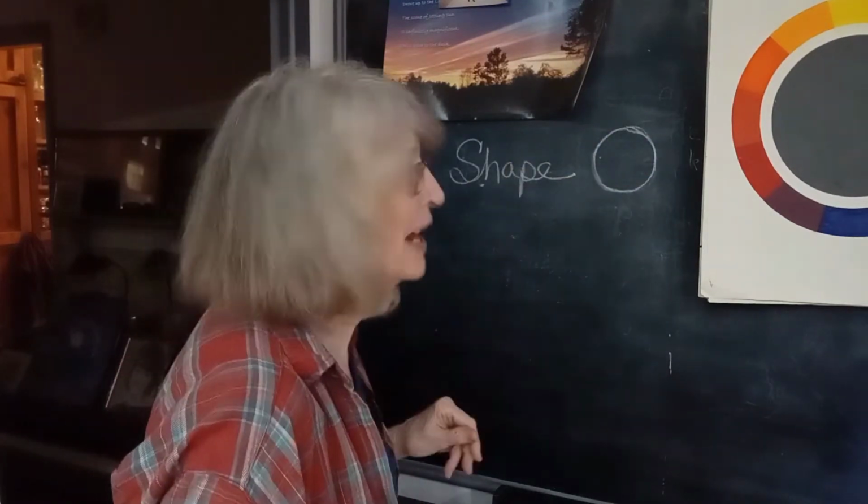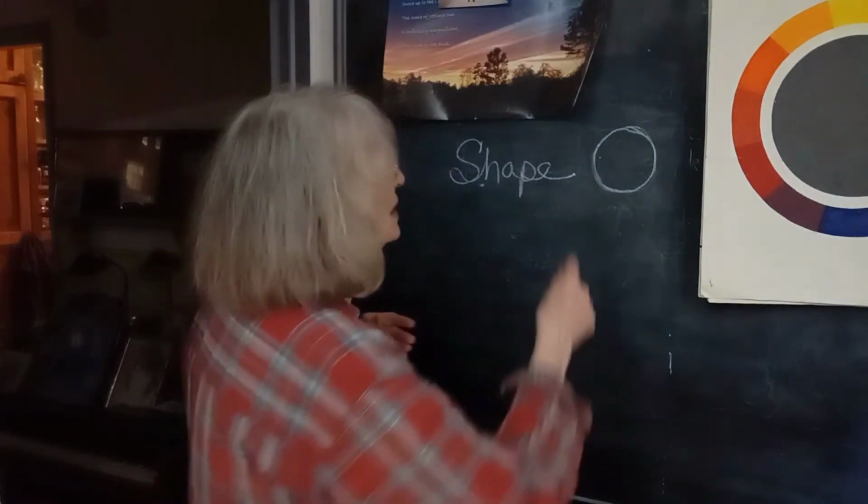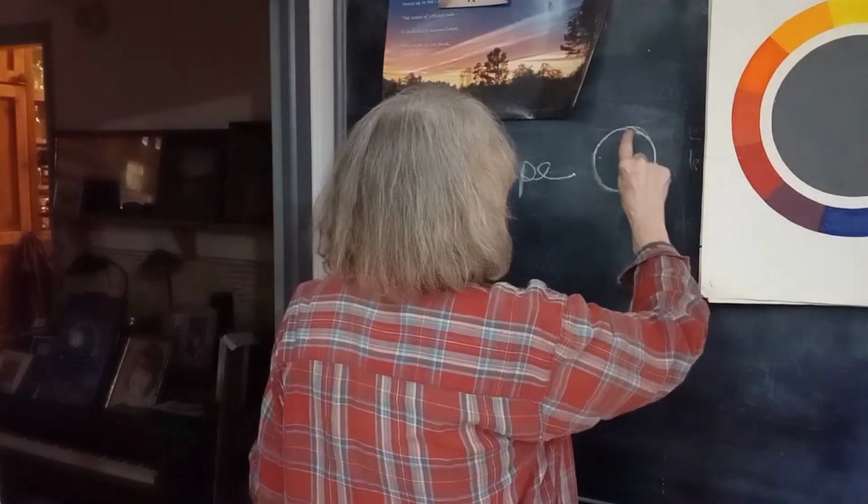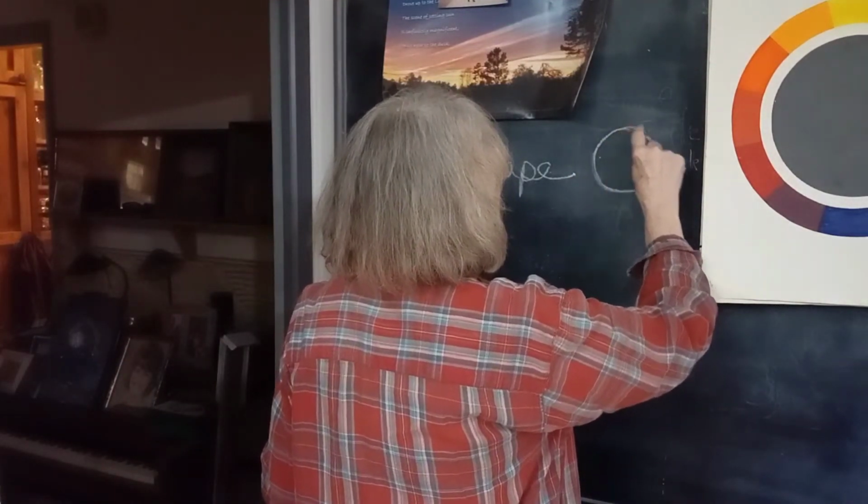Now, of course, I had a starting place and an ending place, and we have a little reminder of that right here at the top of the circle. But as a whole, a ring, the moon, these shapes don't really have a beginning and an end. And so they are considered a very, very stable shape.